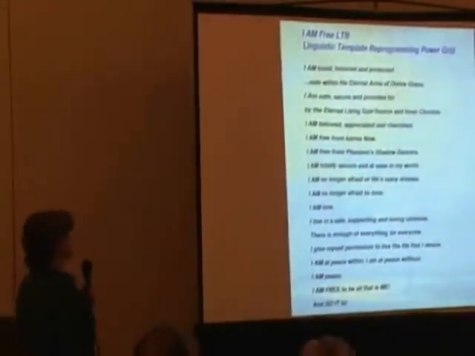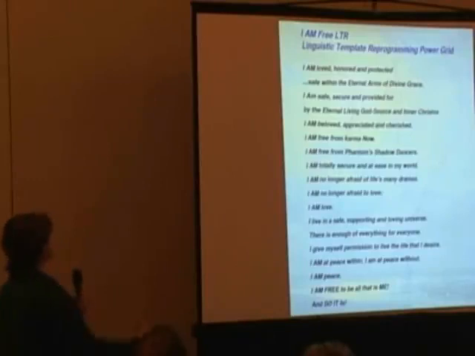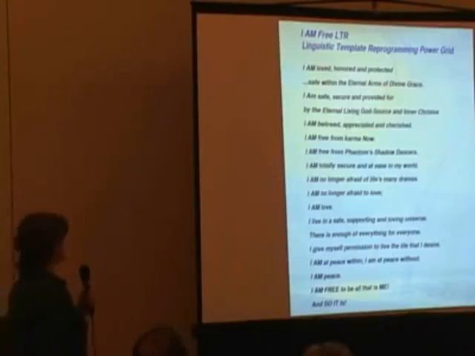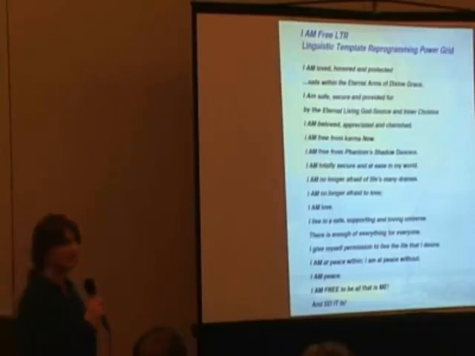1, 2, 3. I am loved, honored, and protected, safe within the eternal arms of divine grace. I am safe, secure, and provided for by the eternal living God source and inner Christos. I am beloved, appreciated, and cherished.